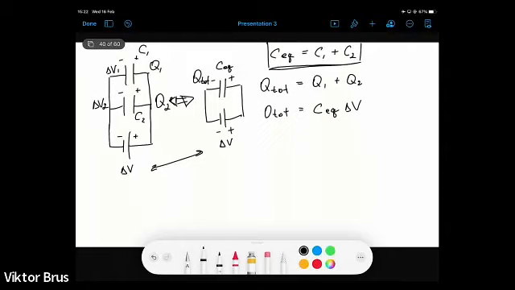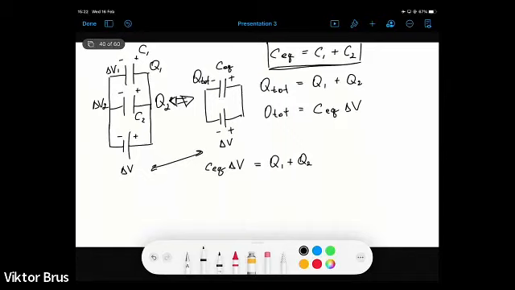So we can write that C equivalent times potential difference is equal to Q1 plus Q2.